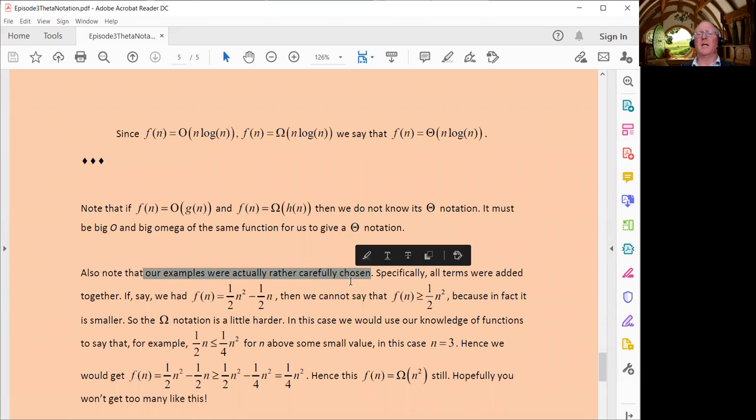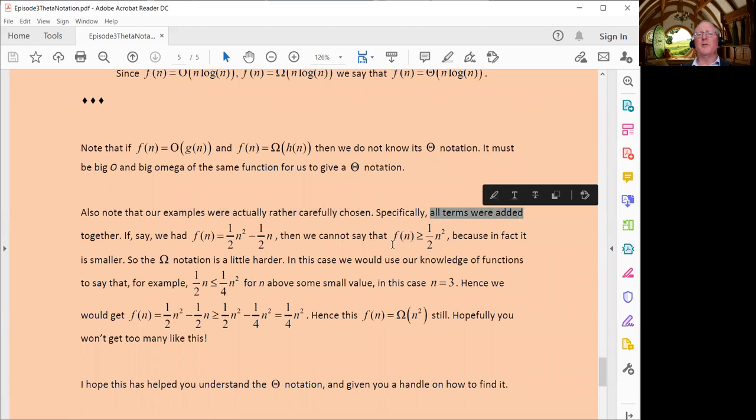Also note that the examples were rather carefully chosen. In particular, all of the terms were added together. So if I had, for example, f of n equals a half n squared minus a half n, I can't say that f of n is greater than or equal to a half n squared, and therefore it's big omega of n squared with C2 equals a half, because it's actually smaller.